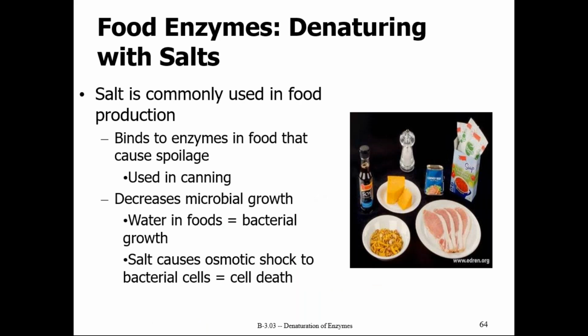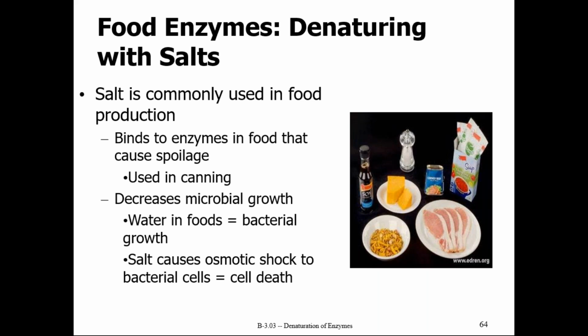And salt is also used to inactivate some enzymes. For example, in the canning of foods, salt is added. It brings down the water activity, and when it brings down the water activity, the activity of the enzyme is inhibited, and sometimes the salt causes osmotic shock to the bacterial cells, and the bacterial cells will not grow.